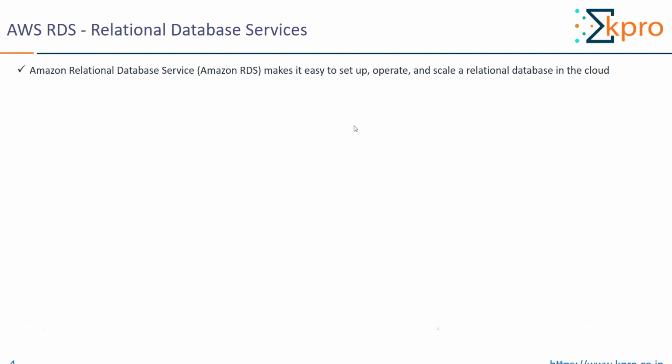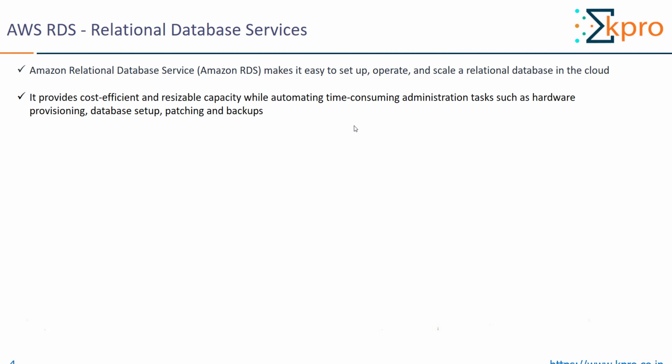When you talk about RDS, it is completely related to relational databases. It provides cost-effective and resizable capacity while automating time-consuming administration tasks such as hardware provisioning, database setup, patching, and backup. All this is automated.